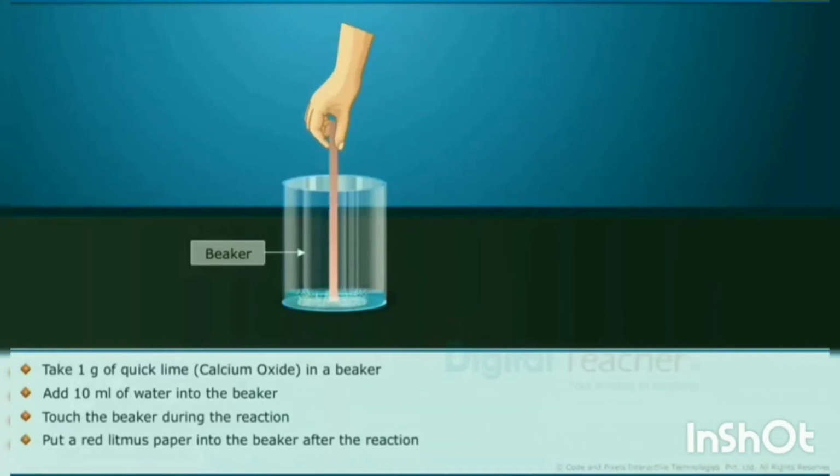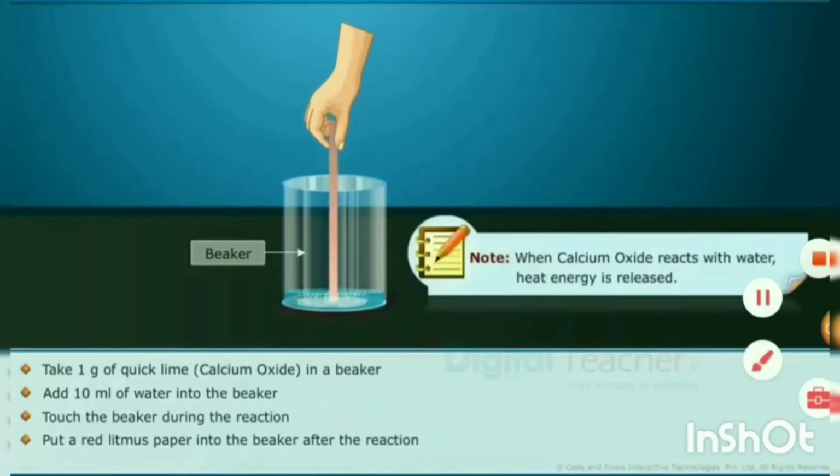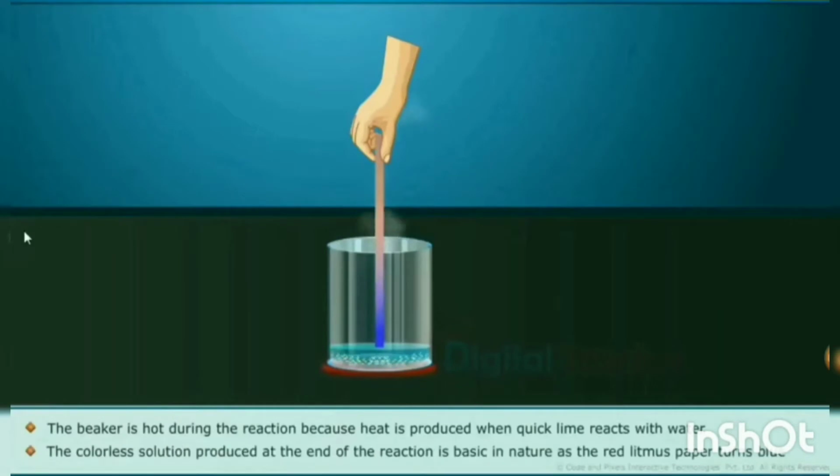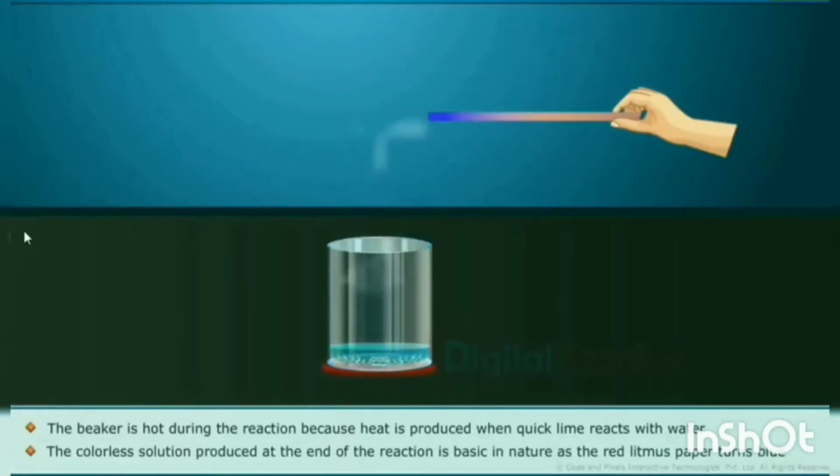What we observe is the beaker becomes hot because when quicklime reacts with water, it produces heat. At the same time, the red litmus paper turns blue because the resulting solution is basic in nature, or you can say alkaline in nature.